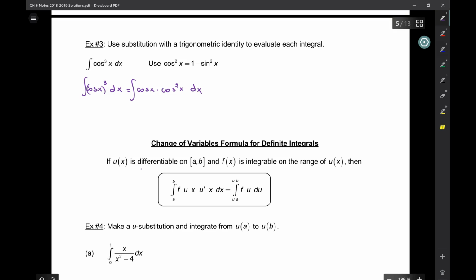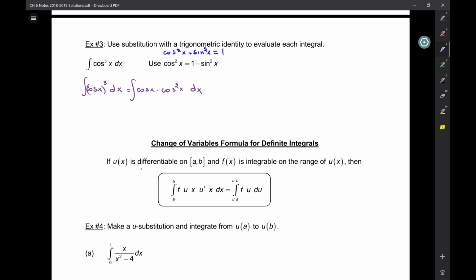Now, the most common trig identity is the Pythagorean identity that says cosine squared x plus sine squared x is equal to 1. Okay? Now, what do I have here? I have cosine squared x. I'm going to substitute that with an identity.